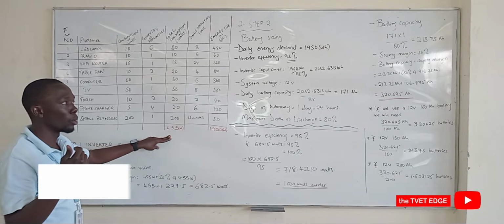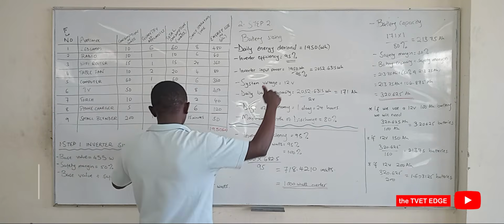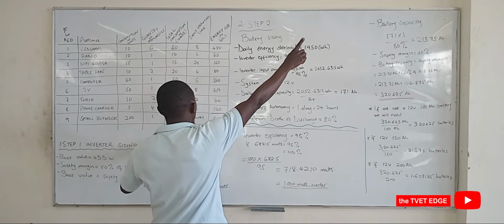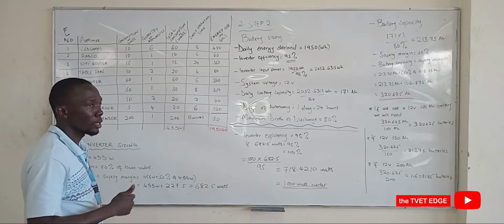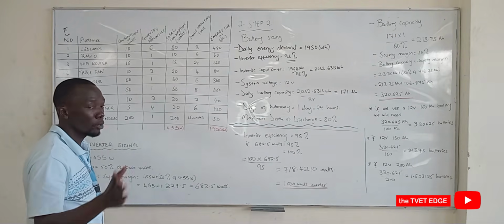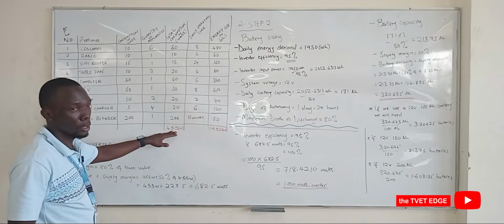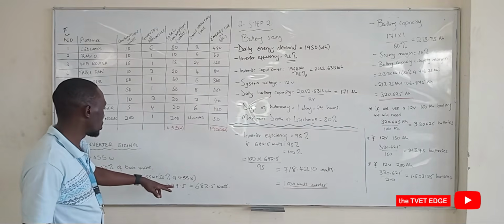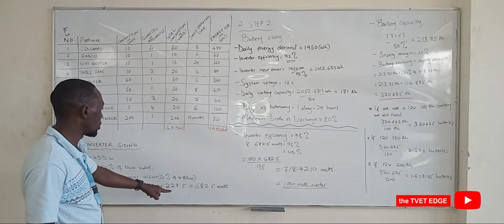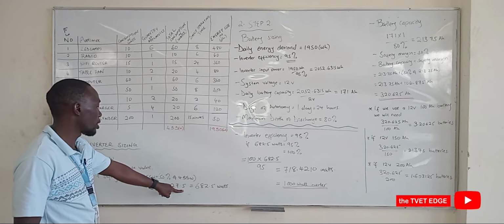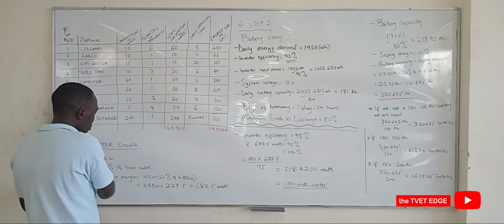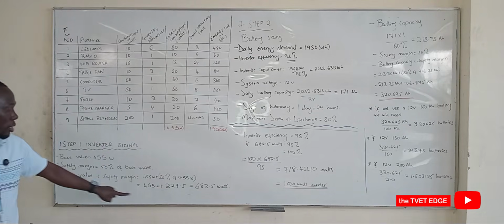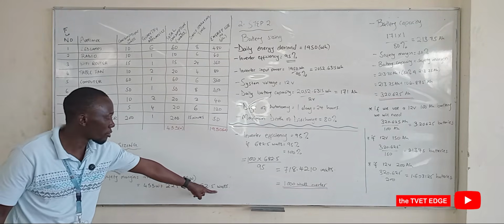If you click on the link somewhere up here, or you just go to the same playlist session, the lecture titled session 2, it will explain why we need to add a safety margin. So our safety margin is 50% of this value, which is equivalent to 227.5 watts. So the base value plus the safety margin, we get 682.5 watts.